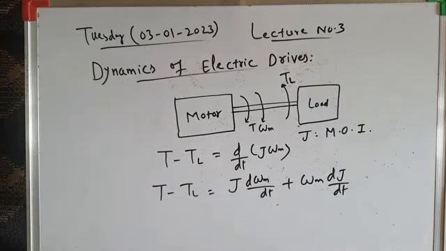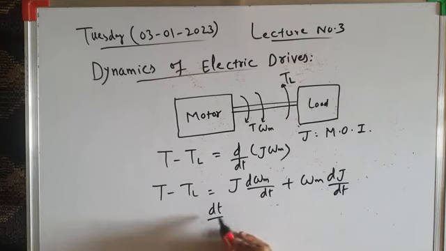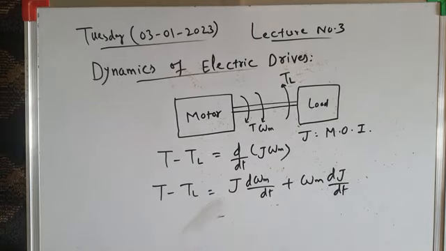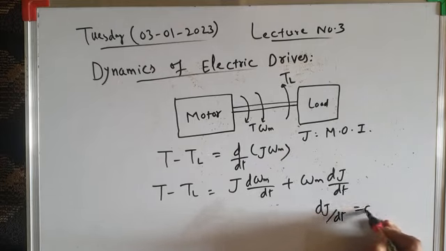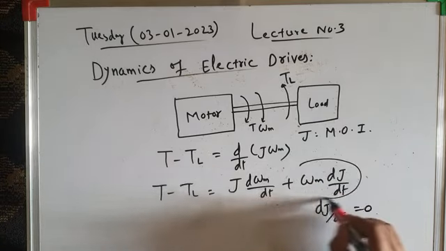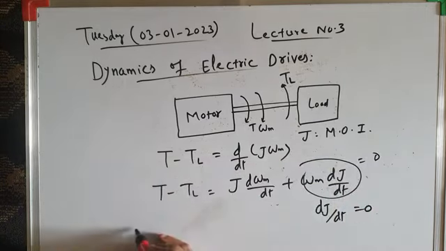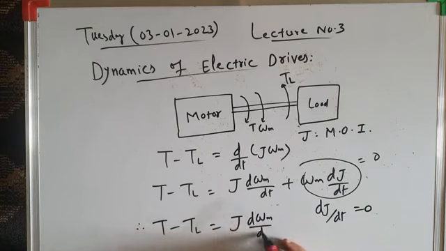J is the inertia, and since the inertia of the system is constant, dJ by dt will be equal to 0, because the differentiation of J, which is a constant term, is 0. So this whole term will be equal to 0. Therefore T minus TL is simply equal to J d omega m by dt.